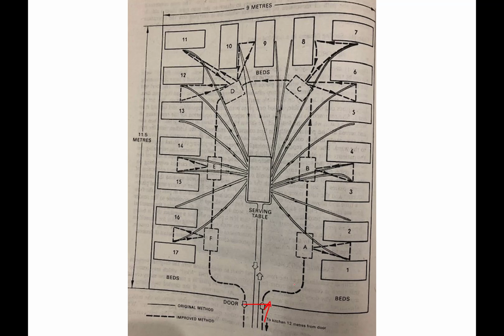Initially the food is brought in from the kitchen, and then the table is kept at the center like this, and then food is served. One plate is collected and served at bed 1. The firm line shows the existing way of service.